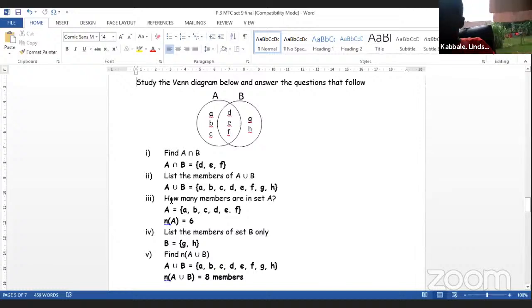Godfrey Katongole, can you read for me the third question?